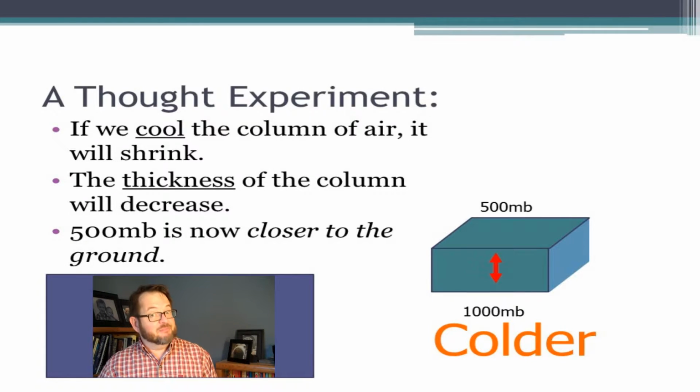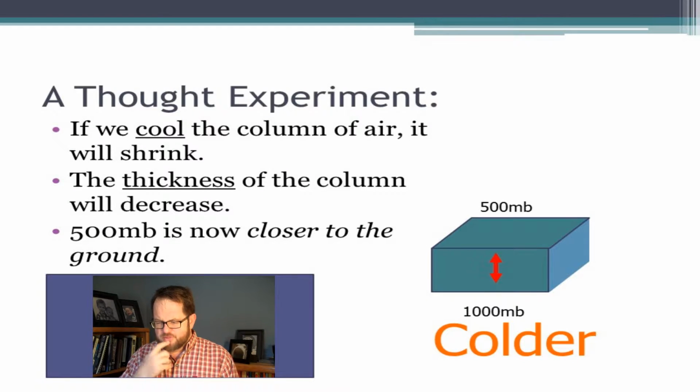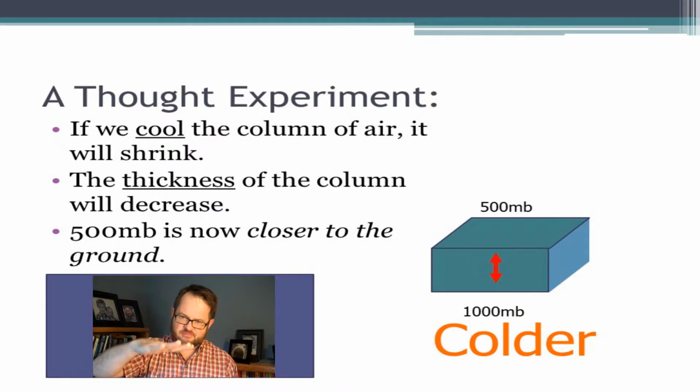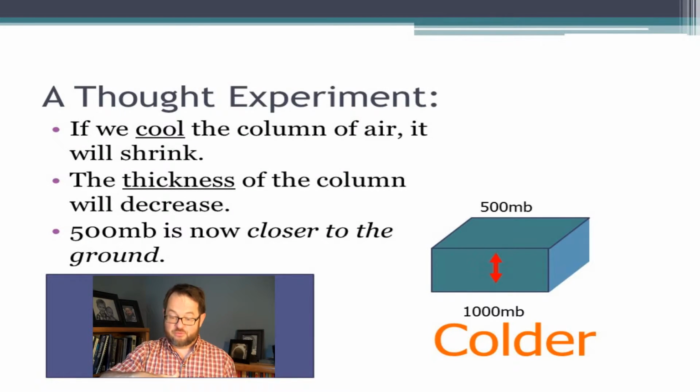We've said that the layer has become less thick. Again, the bottom of the layer is basically the surface of the Earth. We haven't moved that, so it's really the 500 millibar level that's getting closer to the ground. You don't have to go as far above the ground in your aircraft or in your weather balloon in order to encounter a pressure of 500 millibars.